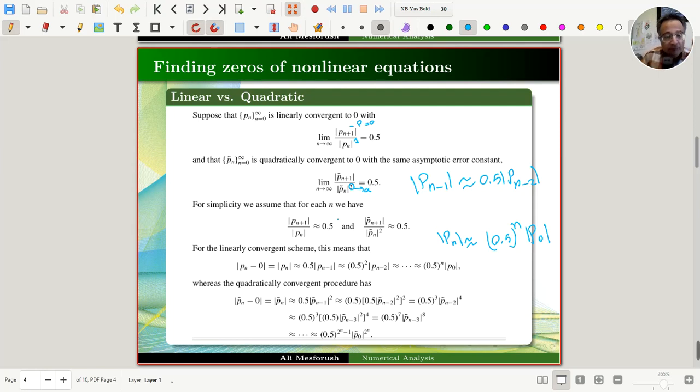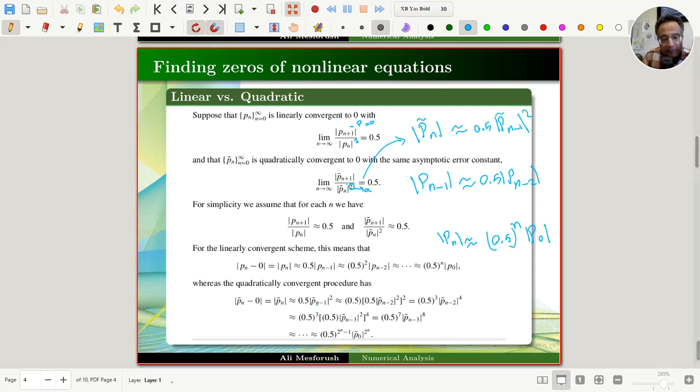Now, for the second one, the quadratic convergence, consider exactly the same things. From here, we get the absolute value of Pn tilde approximately equal to half times Pn-1 tilde squared.